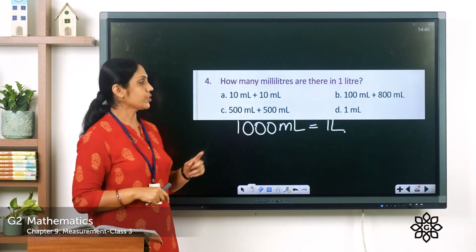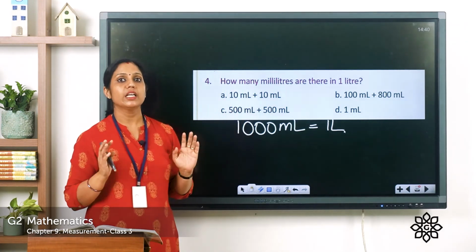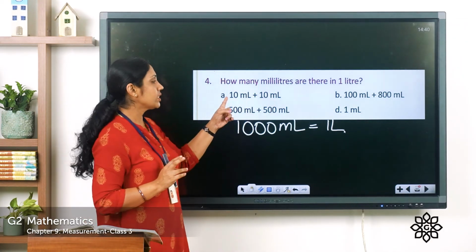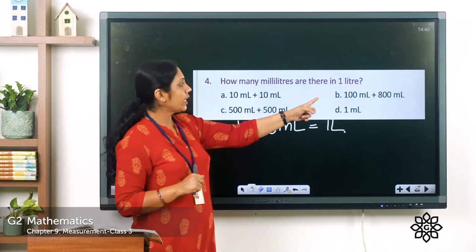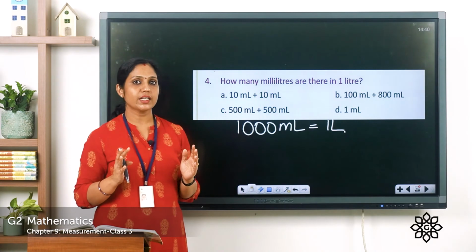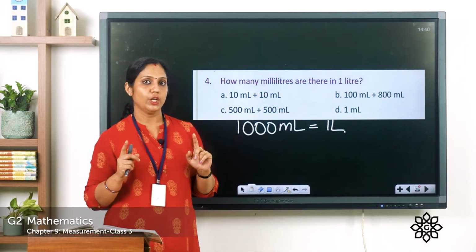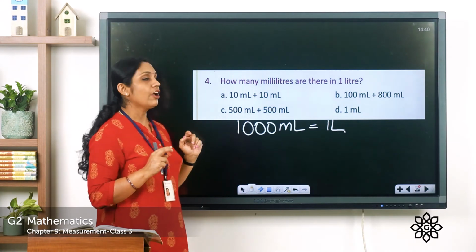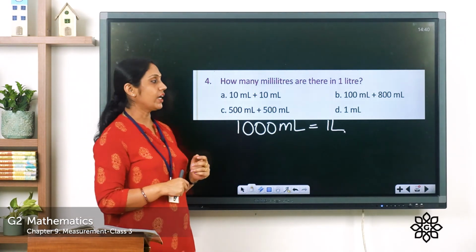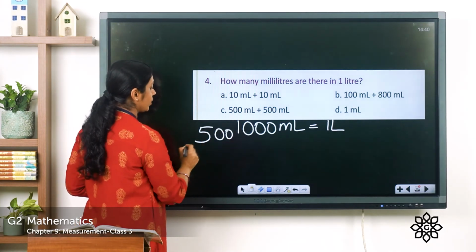Now let's look at the options. Option A, 10 ml plus 10 ml. So how much is 10 plus 10? It is 20 ml. So is the answer correct? No. Look at the option B, 100 plus 800. So how much is 100 plus 800? 900 milliliter. Now is our option correct? No. Look at option C, 500 ml plus 500 ml. Let's do 500 plus 500.